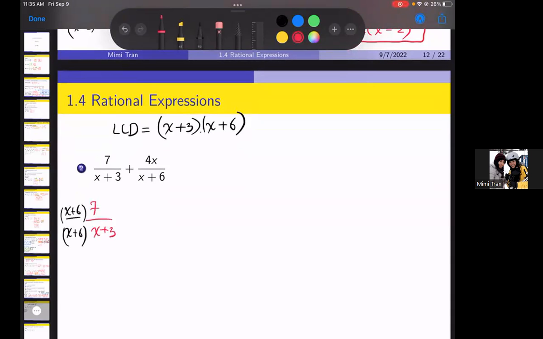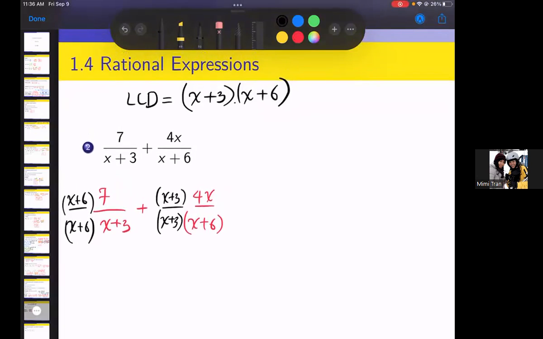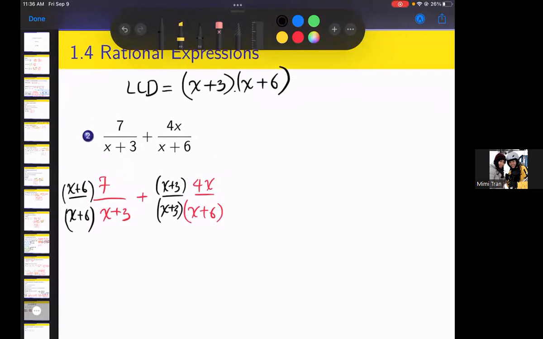The second fraction is missing x plus 3. I forgot the equal sign. You should have the equal sign here.